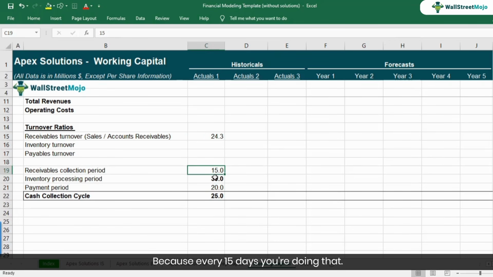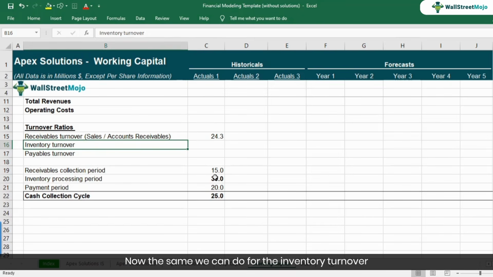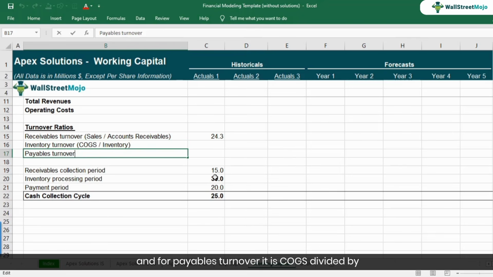Because every 15 days you're doing that, so in a year you're doing that 24.3 times. Now we can do the same for the inventory turnover and the payables turnover. The formulas are COGS divided by inventory, and for payables turnover it is COGS divided by accounts payables.